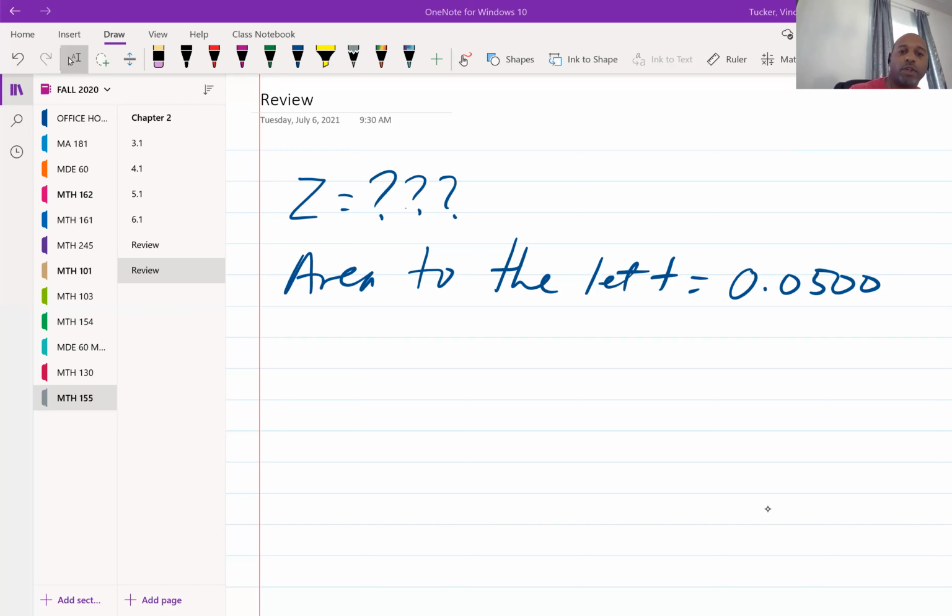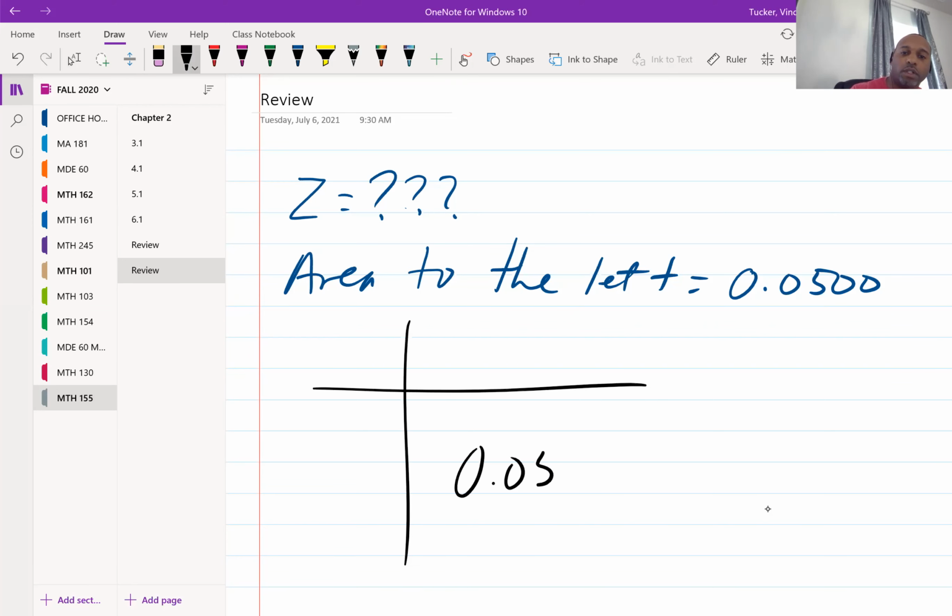In other words, we go to the z-score chart and look for the closest value on the inside, because what's on the inside of the chart is your area, and then we find the z-score that corresponds to it. So we find the closest thing to 0.05, or 0.0500, and then find the corresponding z-score.